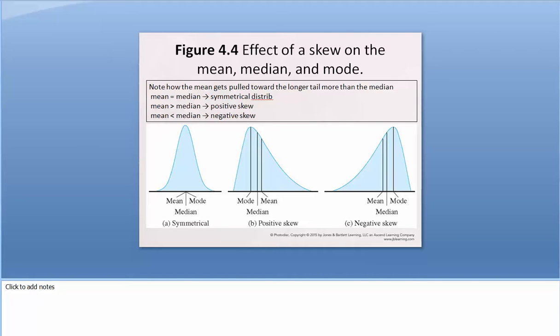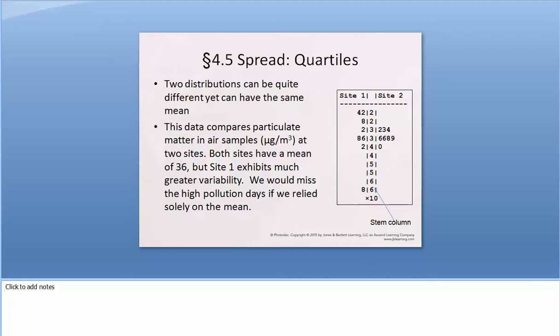Okay, all right. Now the next one is, remember up to this point we talked about measures of location. Next one is measures of spread. Now you can have data sets or data distributions that have the same mean, but their spread would be very much different. In this data set, they have calculated both data sets to have mean 36.